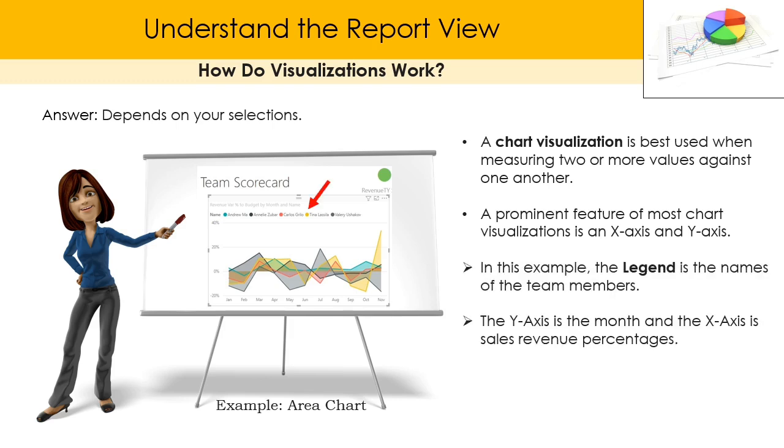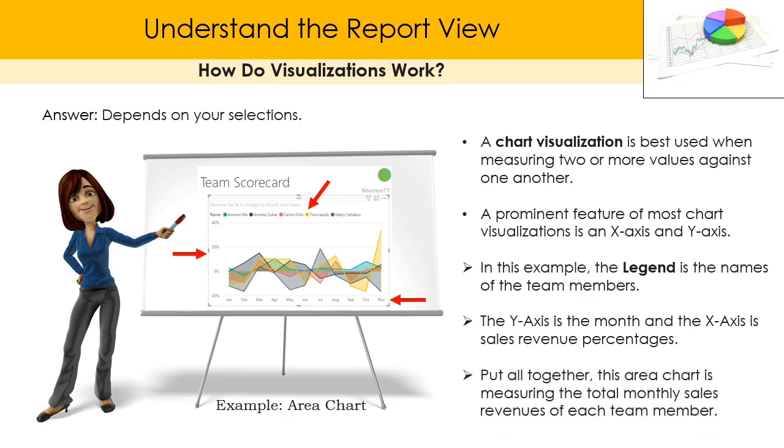In the example above, the legend, or the categories each individual data set belongs to, are the names of the team members. The y-axis is the month and the x-axis is sales revenue percentages. Put all together, this area chart is measuring the total monthly sales revenues of each team member.